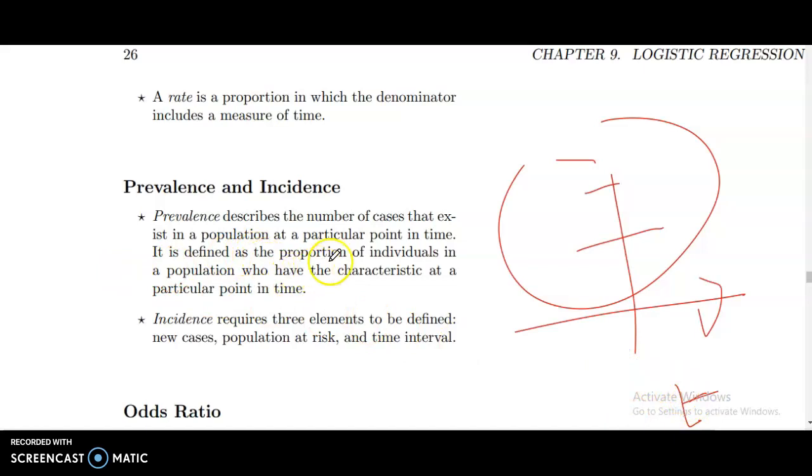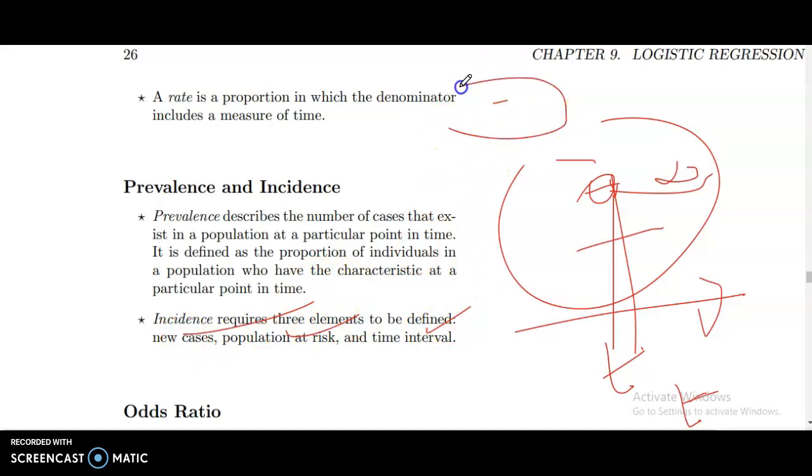It is defined as the proportion of individuals in a population who have the characteristic at a particular point in time. Incidence requires three elements to be defined: new cases, population at risk, and time interval.